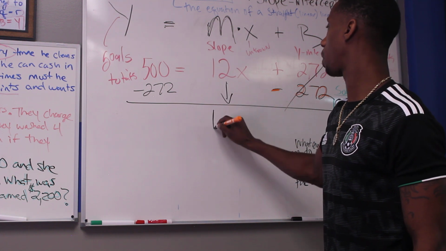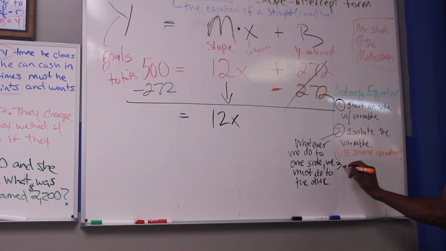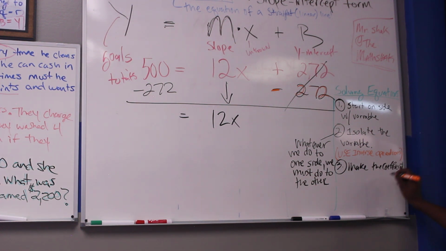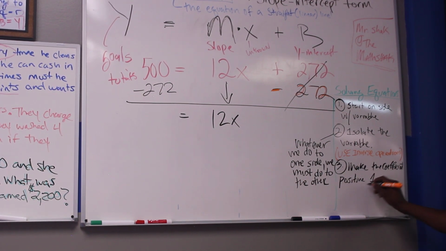I can bring down my 12x and prepare for my final step, which is to always make the coefficient positive 1. And it's important that it's positive 1.